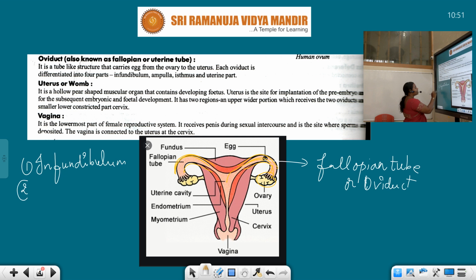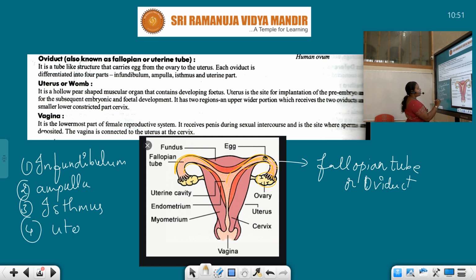The next part is ampulla. Third one, isthmus. Fourth important point is uterine part. Infundibulum, ampulla, isthmus, and uterine part. These are the major parts of our oviduct or fallopian tube.